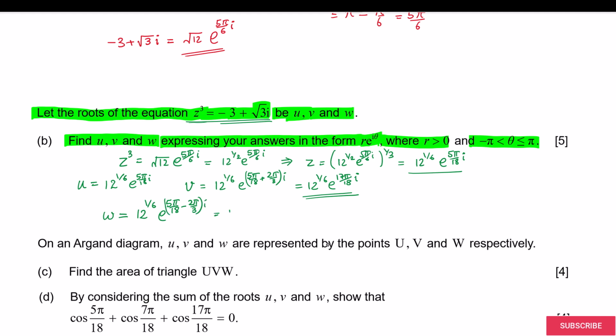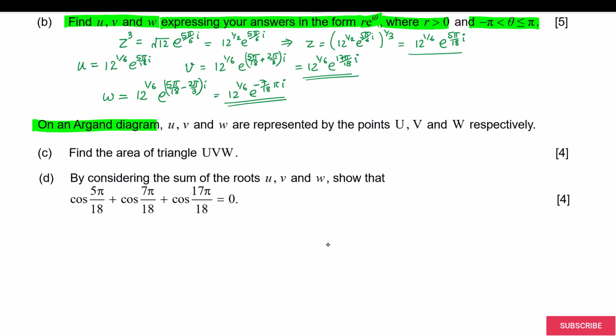So this becomes 12 to the power 1 over 6, e to the power 5 minus 12, which is negative 7 over 18 pi iota. That's U, V and W. I hope it's clear. Let's discuss the next part.